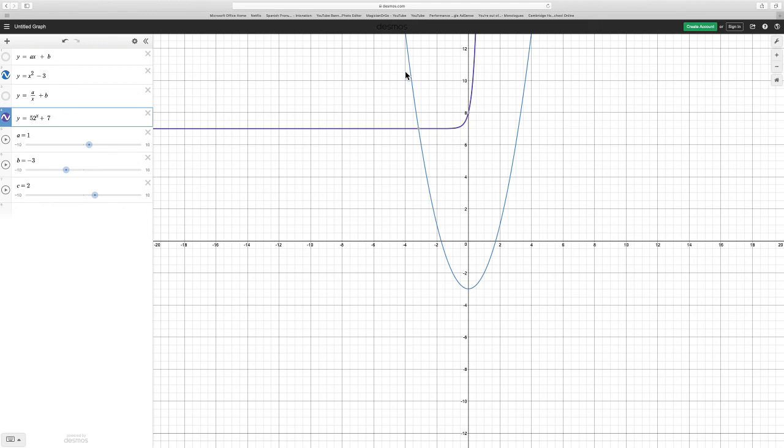So where is the output of the parabola greater than the output of g of x? Let's just label them as f of x and g of x.